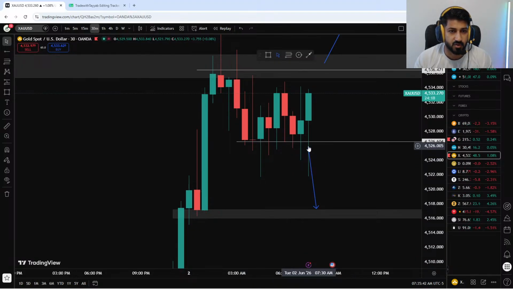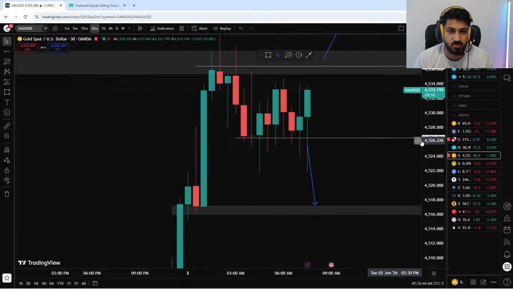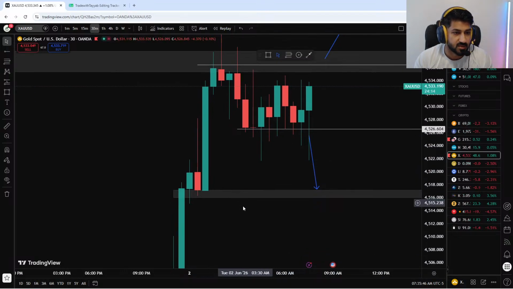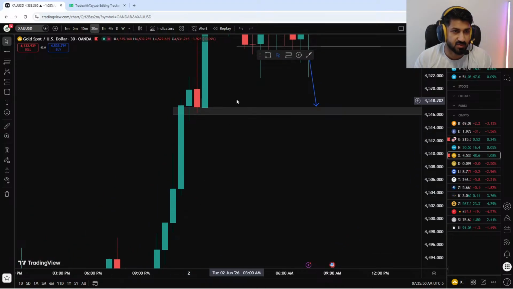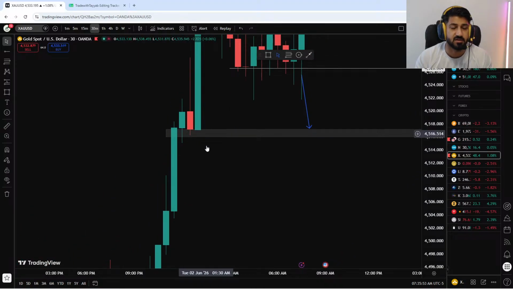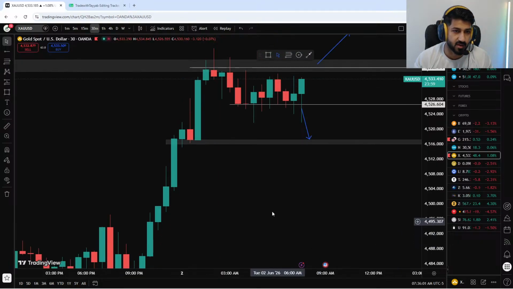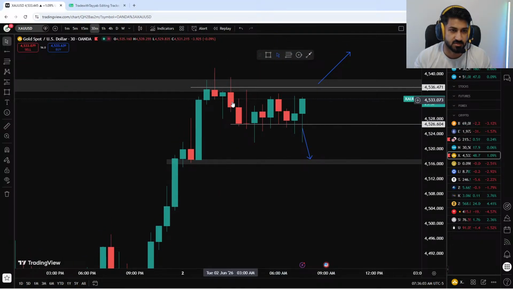If it breaks and closes below, then you could expect volume to drive below these areas, because when there's volume, all of these areas which were support and resistance previously are meant to be broken. So I would expect price to just drive down because it has been consolidating for a good couple of hours.